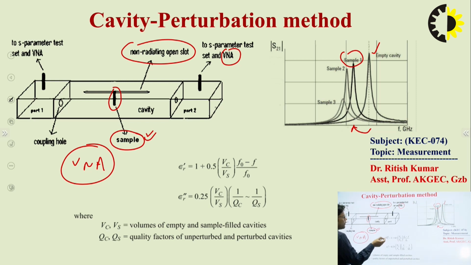After putting these values into these two equations, you will be able to get the value of the dielectric constant of this material. Here Vc and Vs are the volumes of the empty and sample-filled cavity, and Qc and Qs are the quality factors of the unperturbed and perturbed cavity. I think the measurement of dielectric constant is clear to all of you.